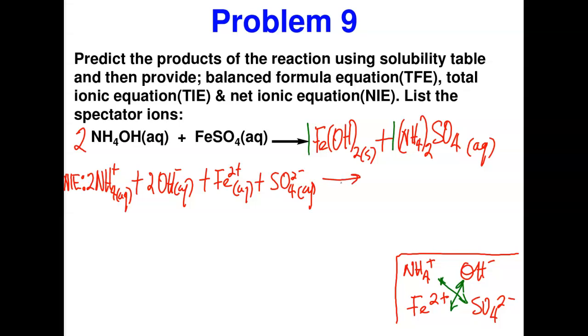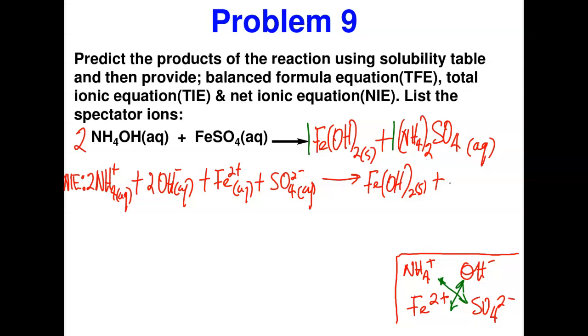And then the next thing we do is to go to the other side. On the other side, Fe(OH)2 is a solid, so it cannot be broken. We're just going to write it down: Fe(OH)2 solid, plus the other one. Now, this one is aqueous, which simply means it's going to break down.